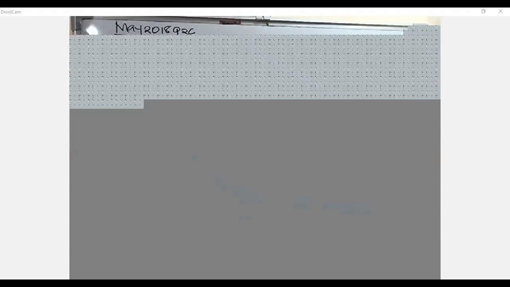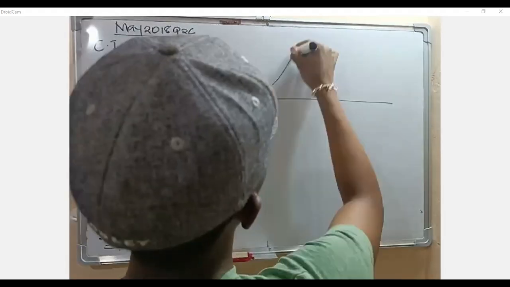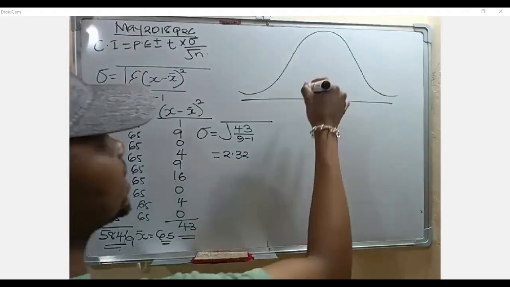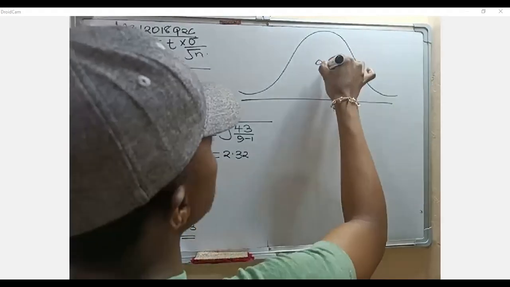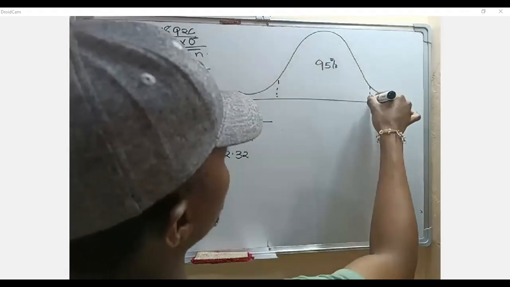Now, to analyze our scenario, because we don't have the t-statistics, you just use the normal curve. The examiner has given us a confidence interval of 95%, leaving 5% falling on the tails.